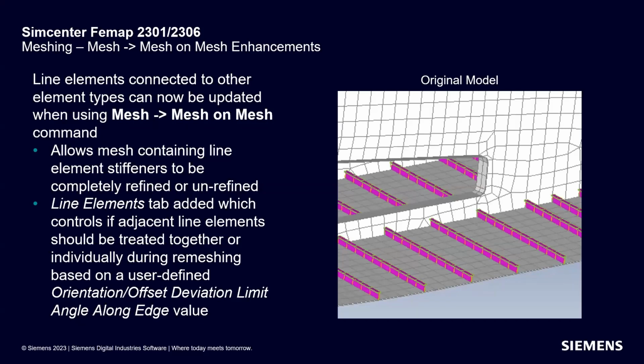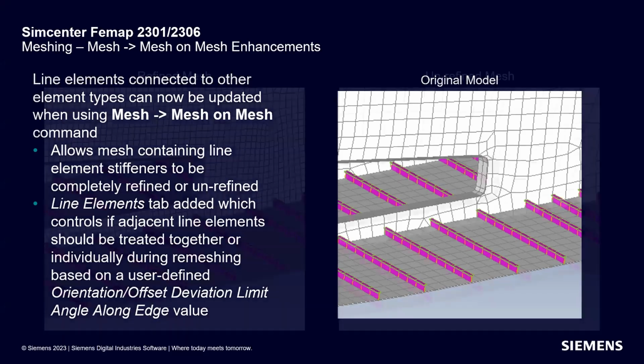We do have an orientation offset deviation limit, an angle along the edge, that you can specify if your line elements were to change by a certain angle. Right now it's a tight tolerance, since we don't want you to be changing things all that much. But if it's all on a straight line like this, you can now go from this original model.